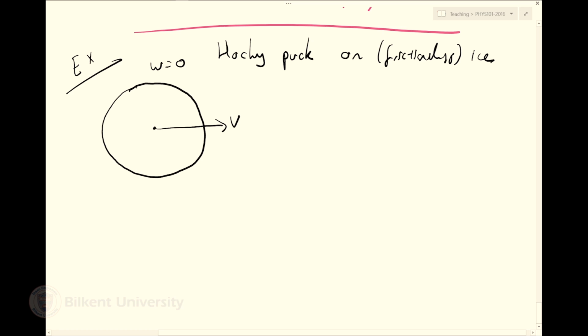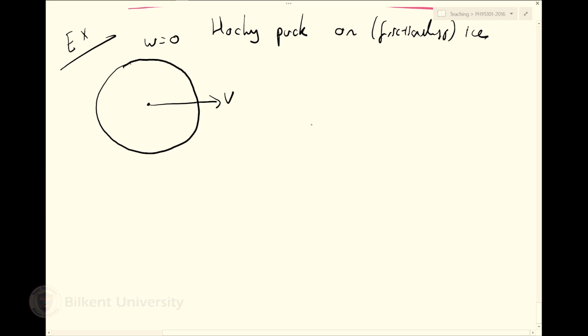And then it actually hits a small piece of dirt, m, where the initial distance between the center of the puck and mass is b.